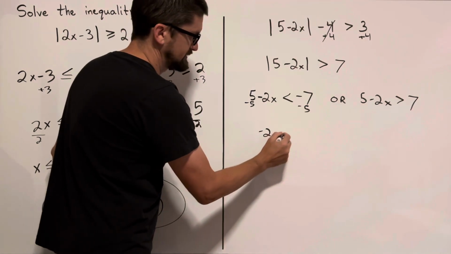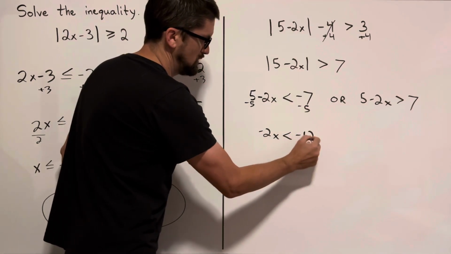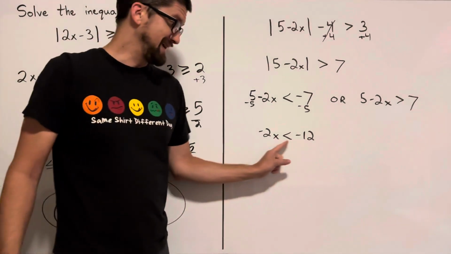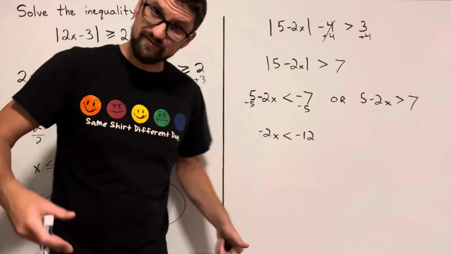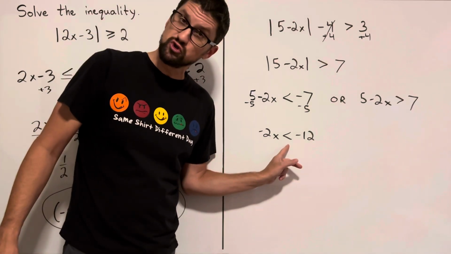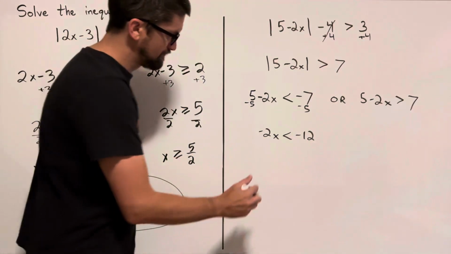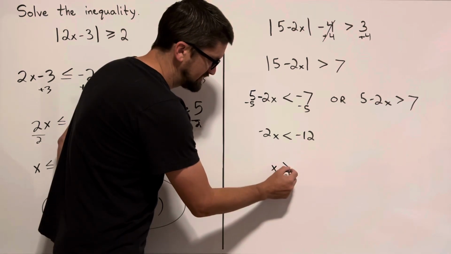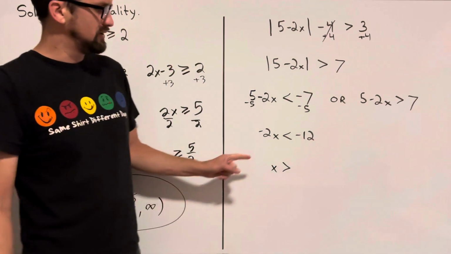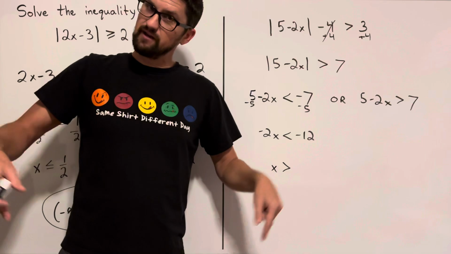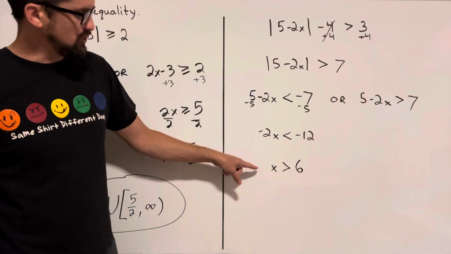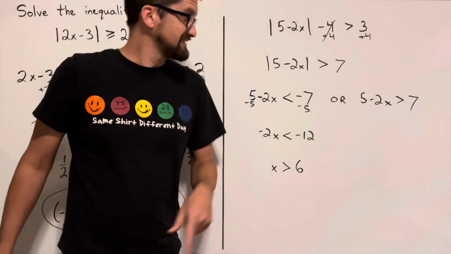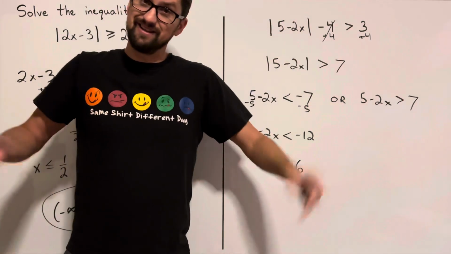We get -2x less than -12. We're going to divide by -2 here. Remember, dividing by a negative number on both sides is going to reverse the sign around. So it's going to be x greater than, and -12 divided by -2 is +6. So solving this inequality, we get x greater than 6. So if x is greater than 6, it's going to make the inequality true.